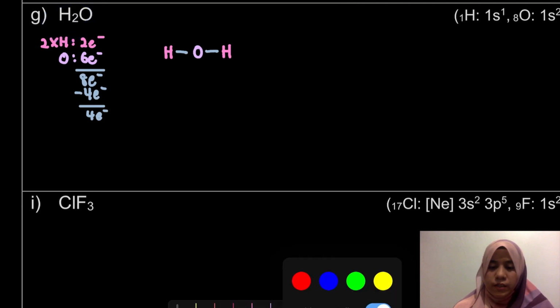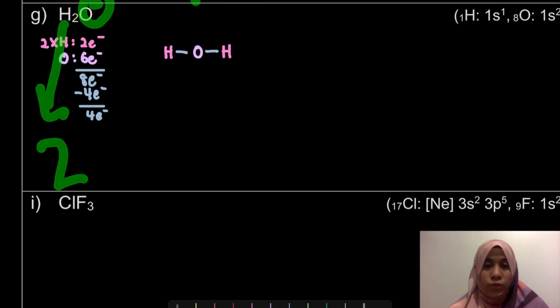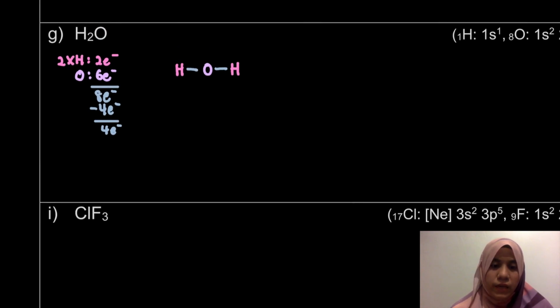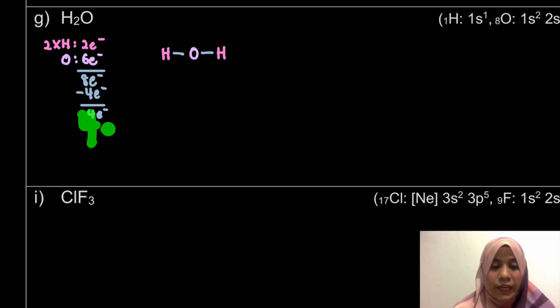So kalau dekat sini H2O kan, so the least number is oxygen lah. Oxygen only 1, hydrogen kita ada 2. Okay, so that's why kita ambil our O sebagai our central. Okay, so right now what happen is that once we minus this 2 bond, which consists of 4 electrons, so we have another 4 electron more.